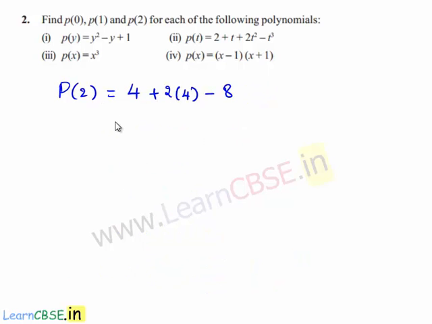P of 2 is equal to 4 plus 2 times of 4 minus 8, which is equal to 4 plus 2 times of 4 is 8 minus 8, which is equal to 4 plus 0, which is equal to 4. Therefore, P of 2 is equal to 4.